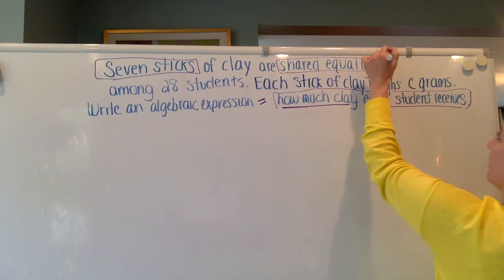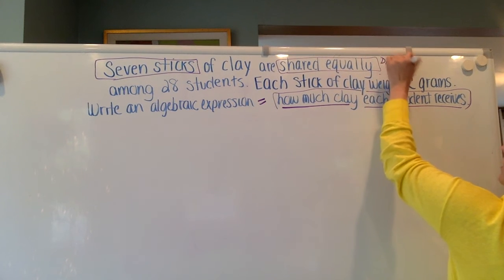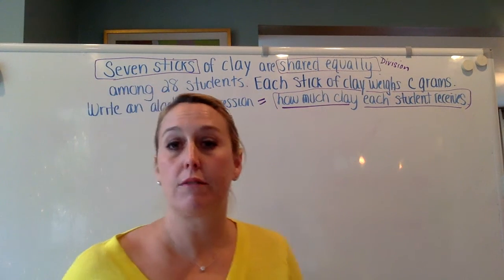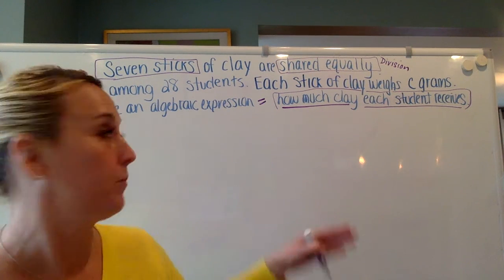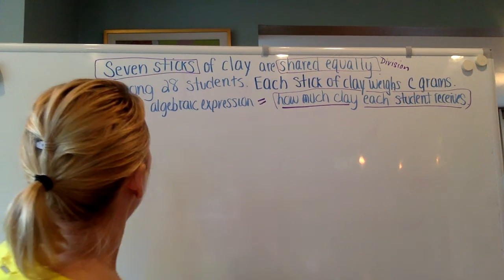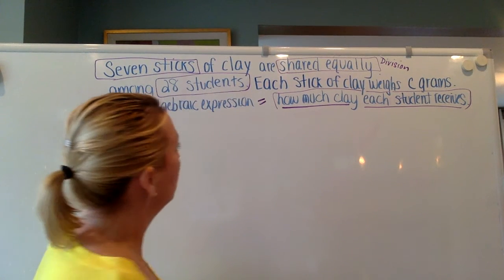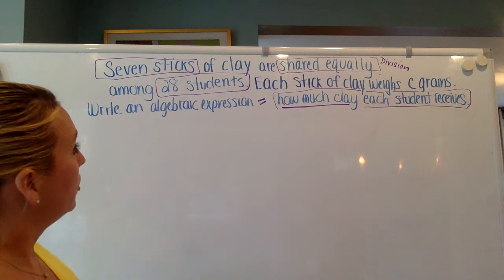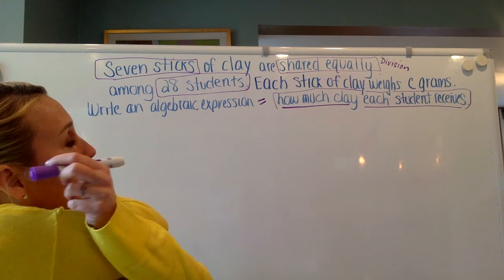Shared equally is giving me a hint that we're going to be dealing with some form of division, because division is when we share things equally, we separate them into equal groups. So this problem is going to involve division, and it's shared equally among 28 students.